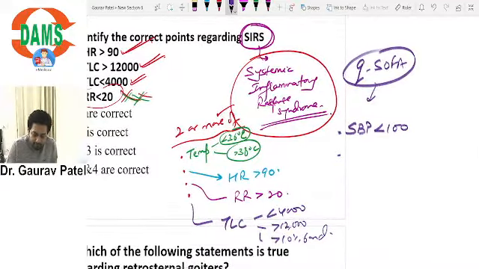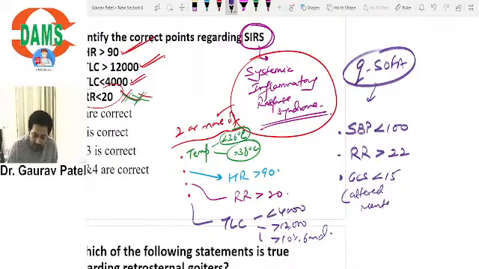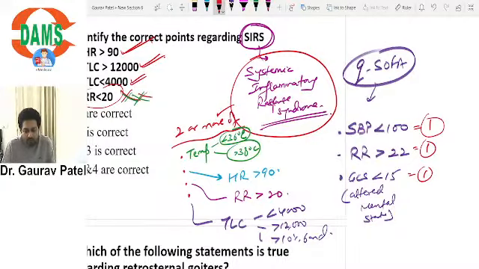What else? Respiratory rate more than 22 and GCS less than 15, that is altered mental status. Very good, Bhagya Lakshmi, Anisha Das. You give 1 point for each. If the total is 2 or more than 2, it means there is high mortality.